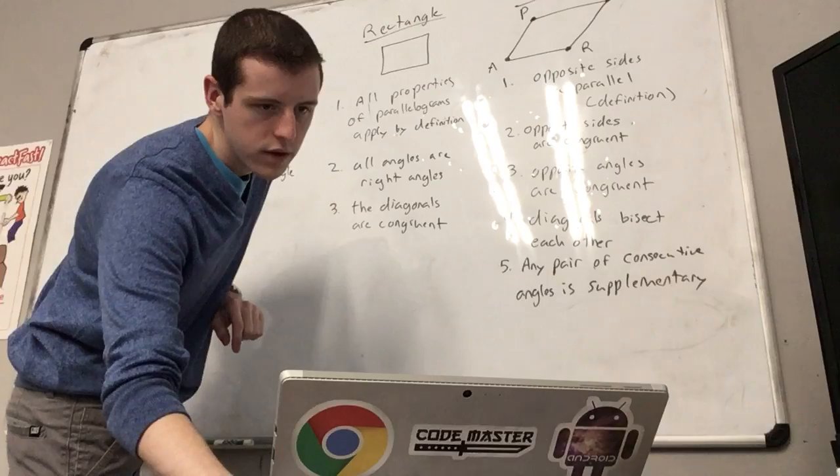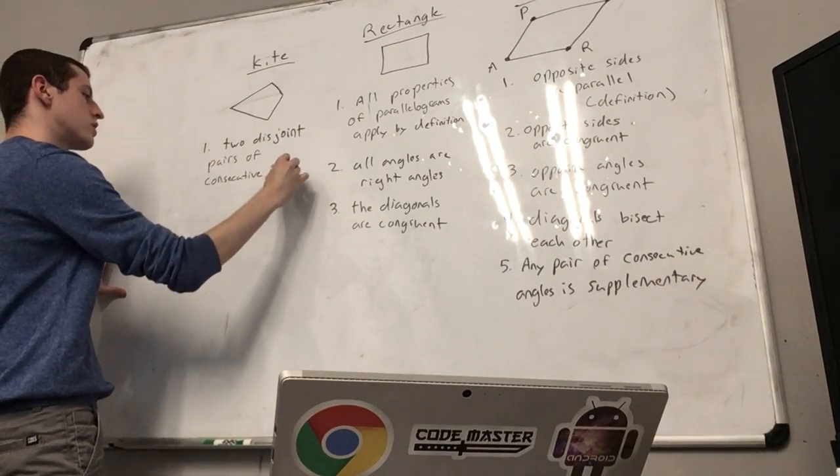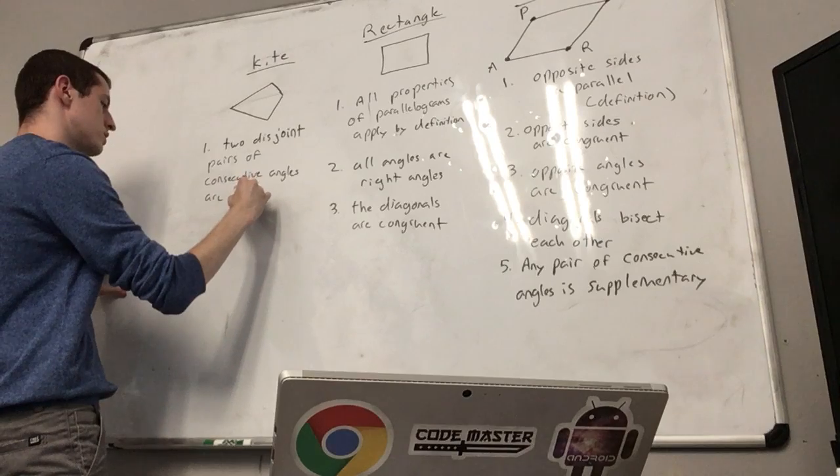Two disjoint pairs of consecutive angles are congruent.